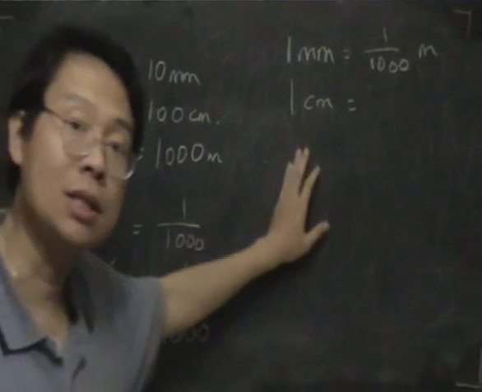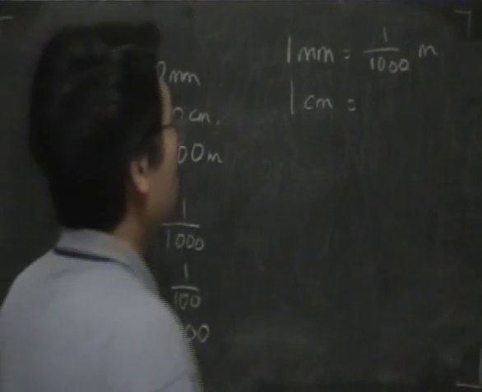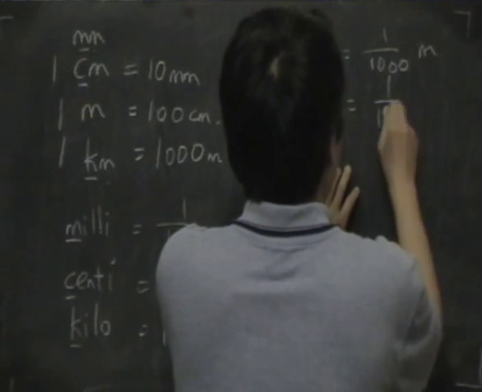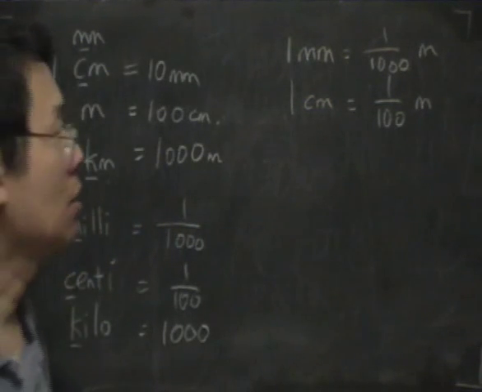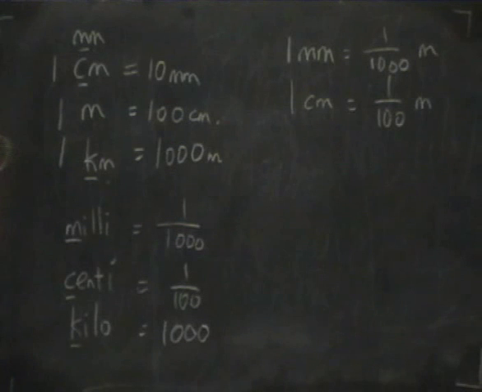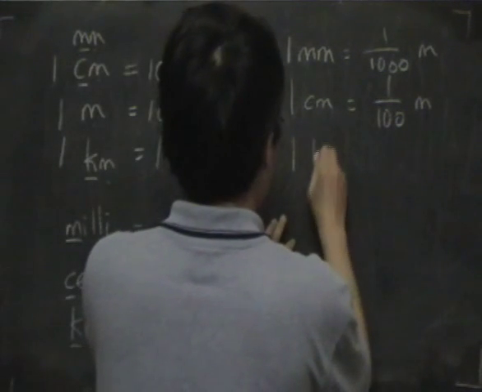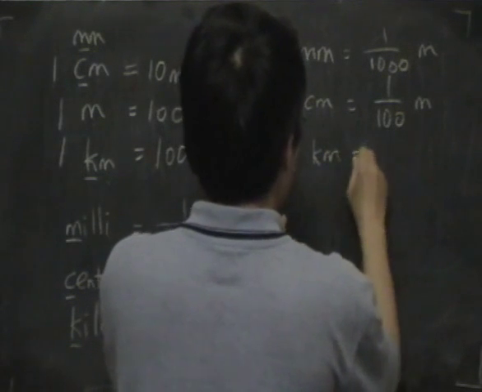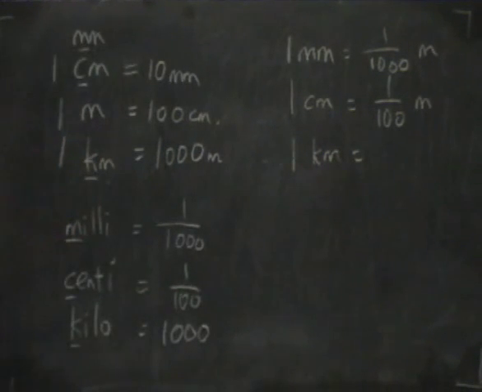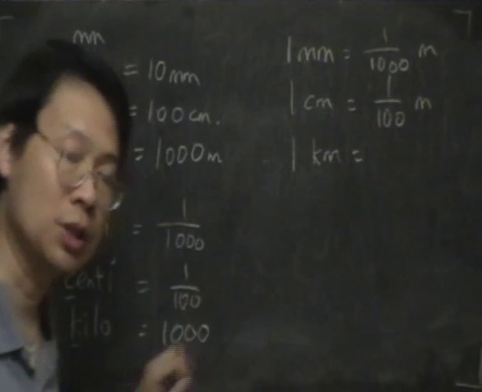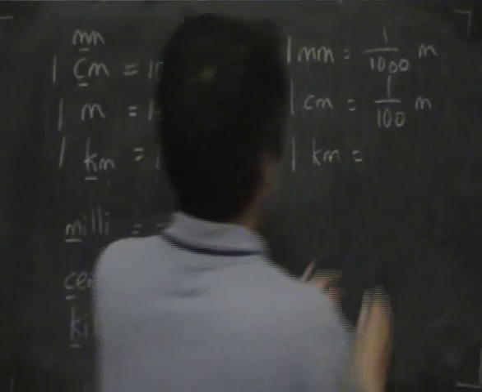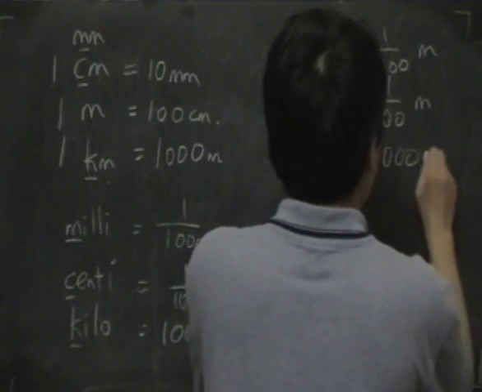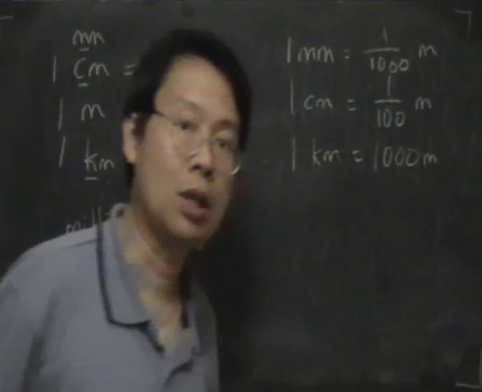So centimeter means 1 over 100 of a meter. Kilometer, 1 kilometer. So because kilo means 1000, therefore 1 kilometer means 1000 meters.